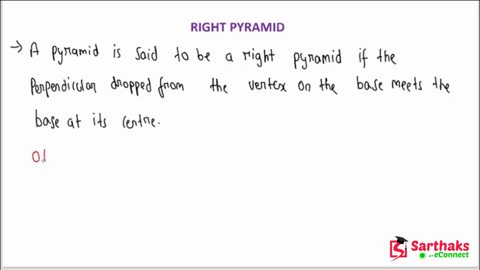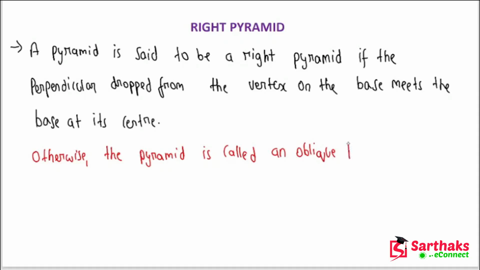So you can also write that otherwise the pyramid is called an oblique pyramid.